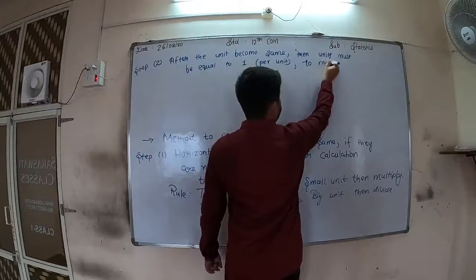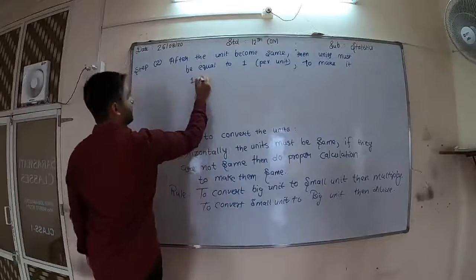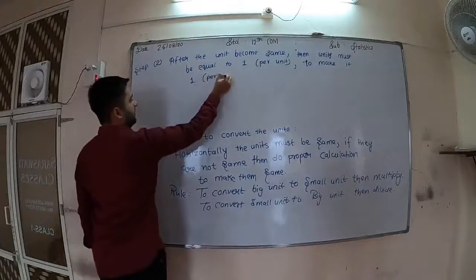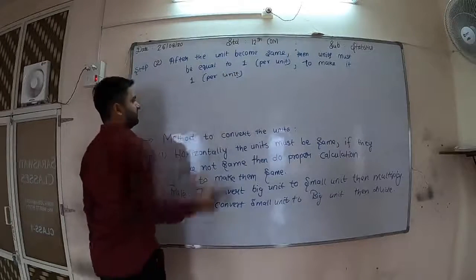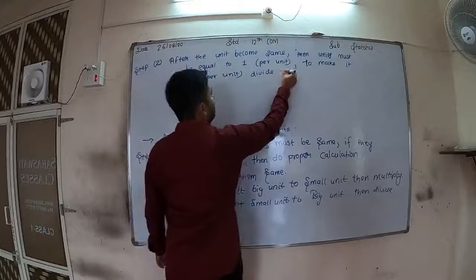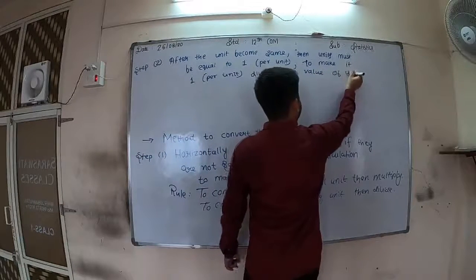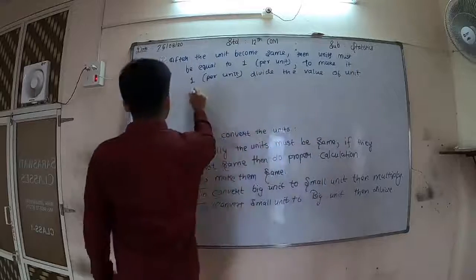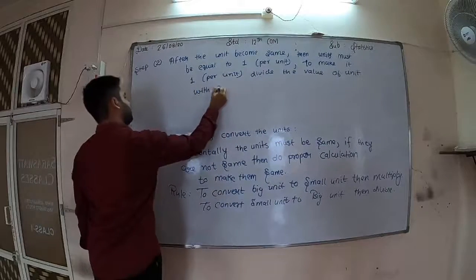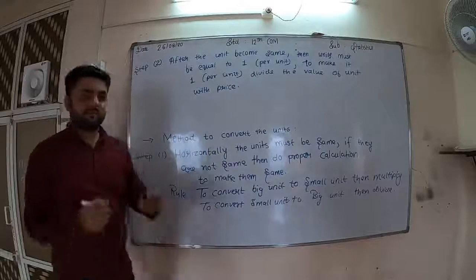To make it 1 or per unit, divide the value of unit with price. Okay.